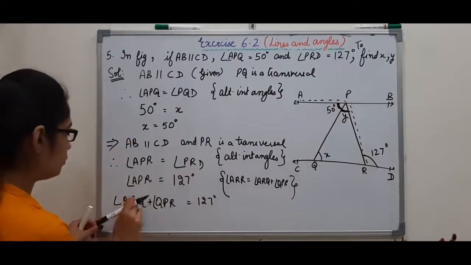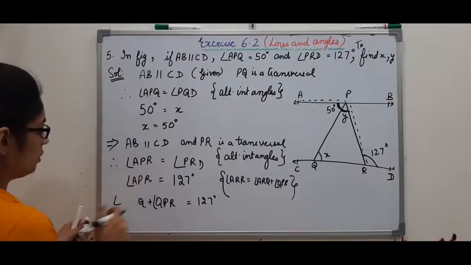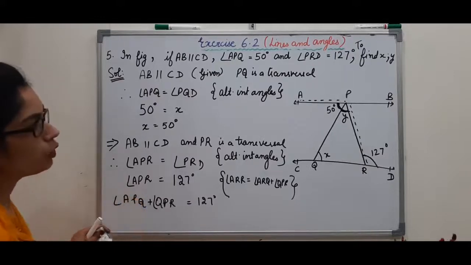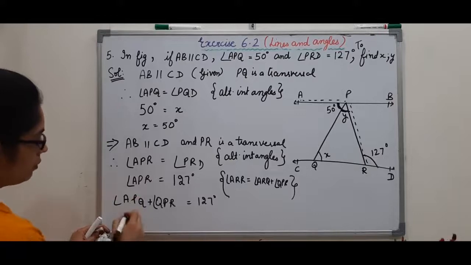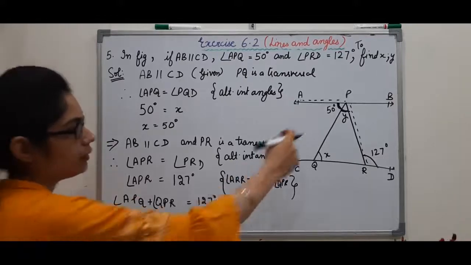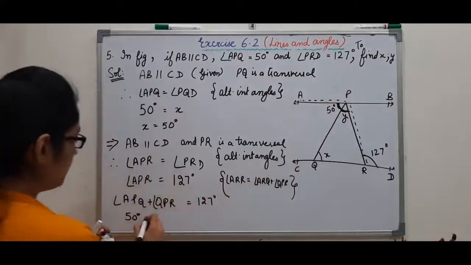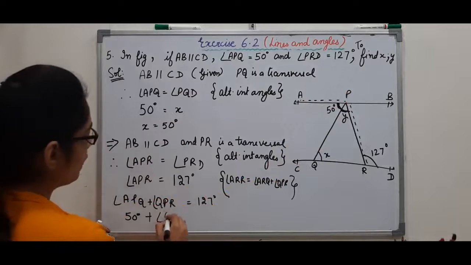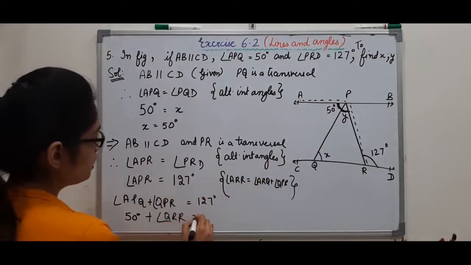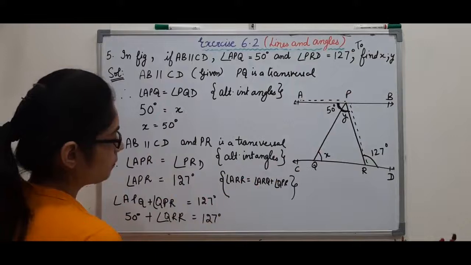It's APQ, sorry. APQ, we know its value, it's equal to 50 degrees. I have already written here APQ plus angle QPR. QPR we don't have the value, is equal to 127 degrees.